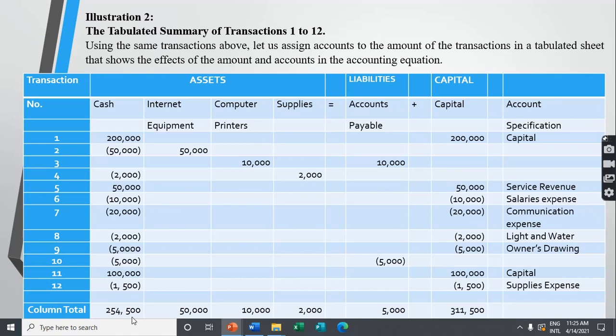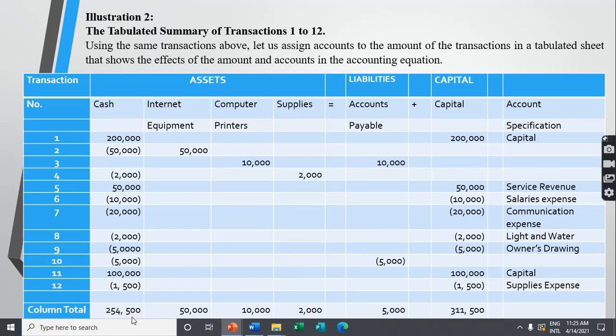Okay? 316,500 yung total amount dun sa asset mo. 316,500 total asset. So, what about dito sa liabilities plus capital?